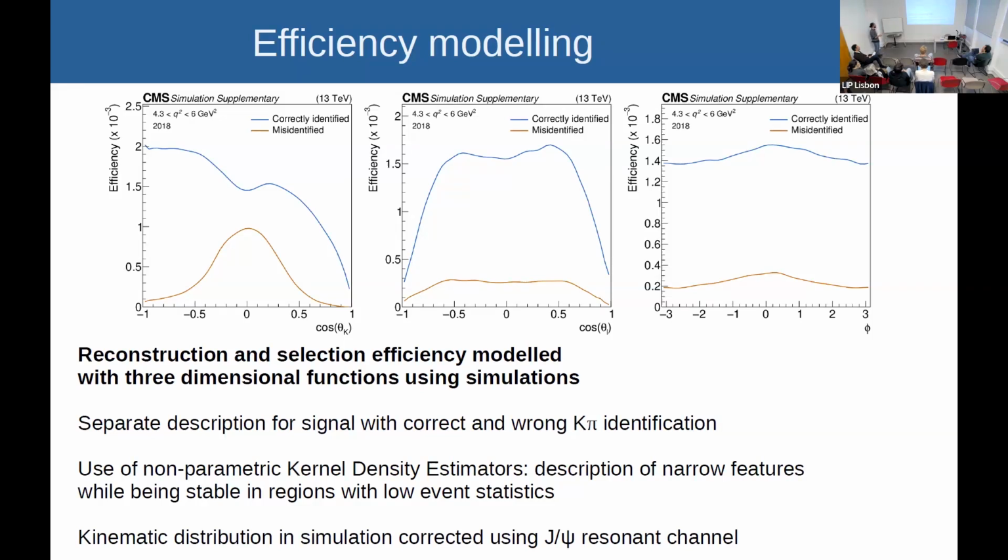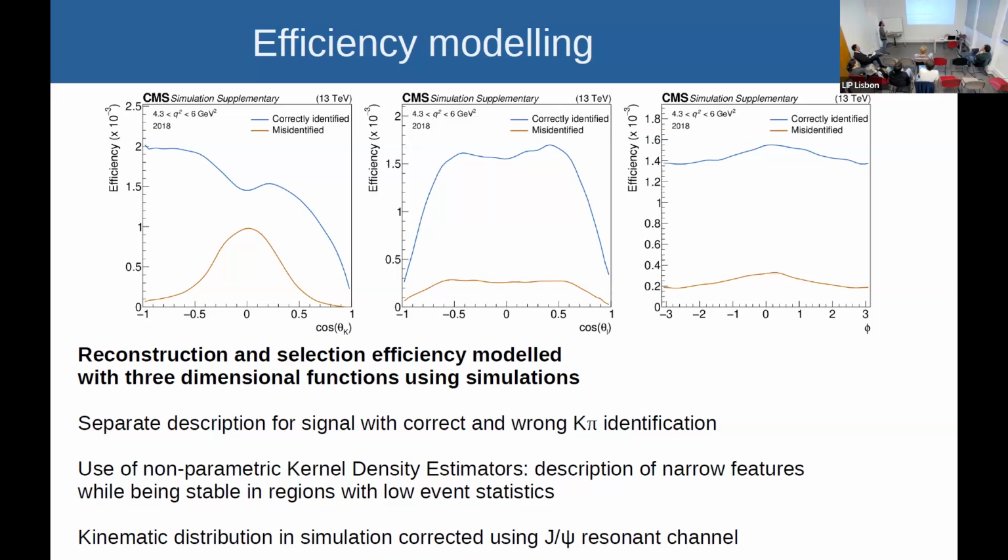And in order to be able to describe narrow features, like the ones at the borders of the cosθK and cosθL variables, and also to be robust in regions where there is low statistics, this is a fully three-dimensional function.